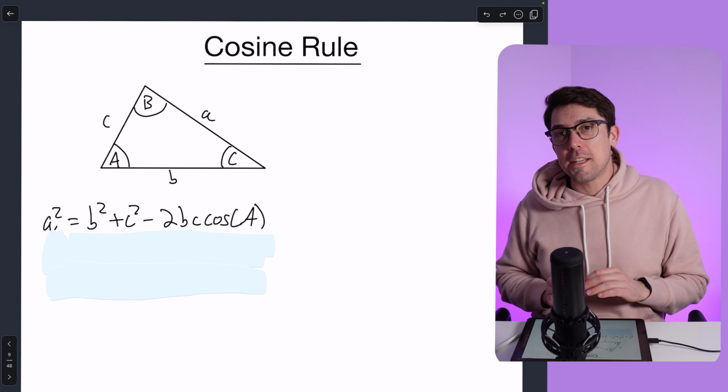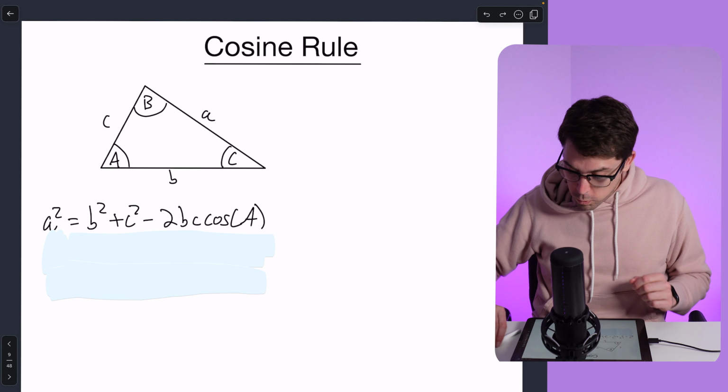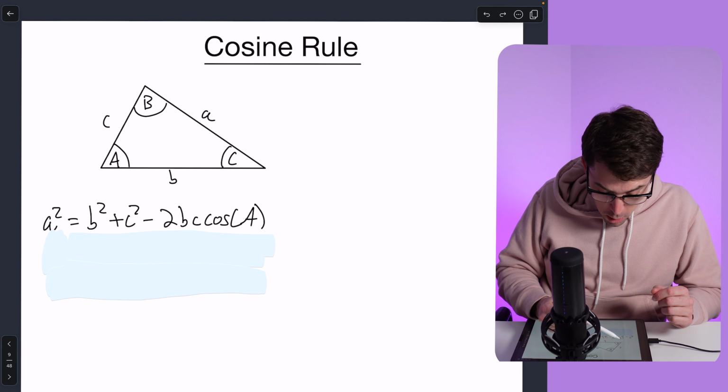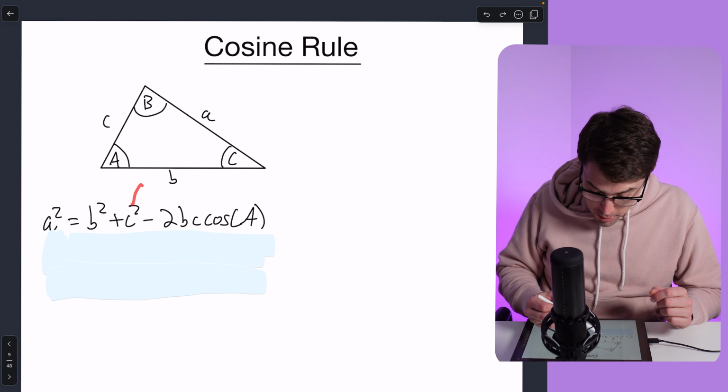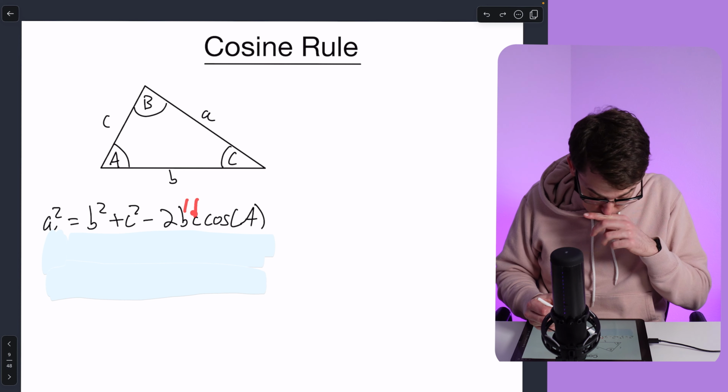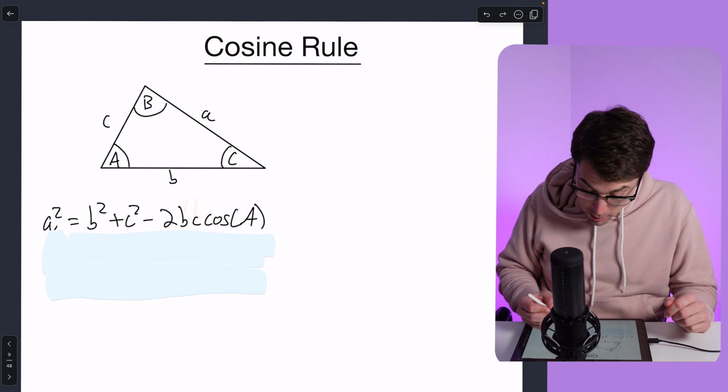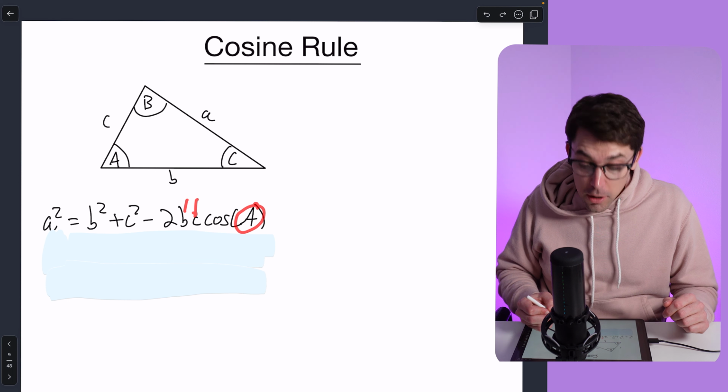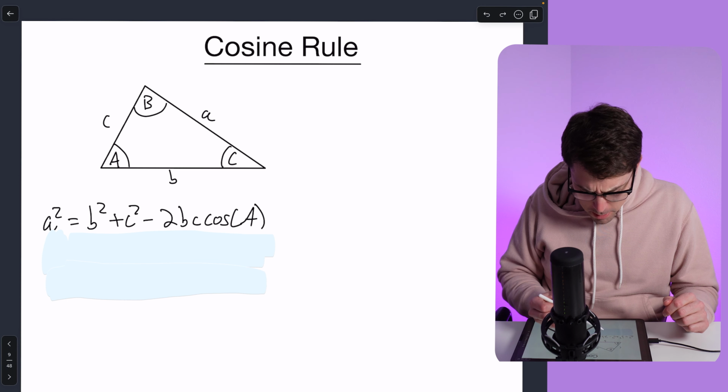Now what this is going to tell us is if we are looking for a, we're going to write it as a squared is equal to one of the other sides squared plus the other side squared minus 2 times both of those multiplied together, so the sides that we're not talking about, times the cosine of A. I know that looks quite confusing, but just think about this.